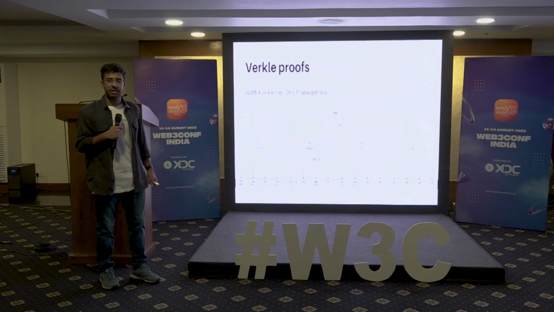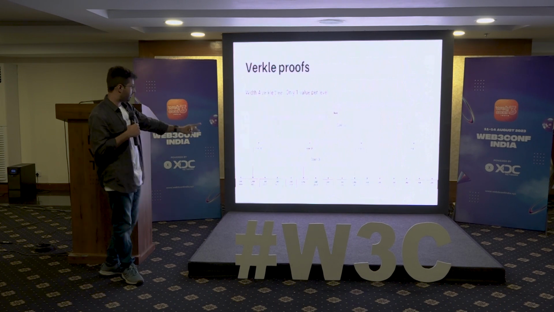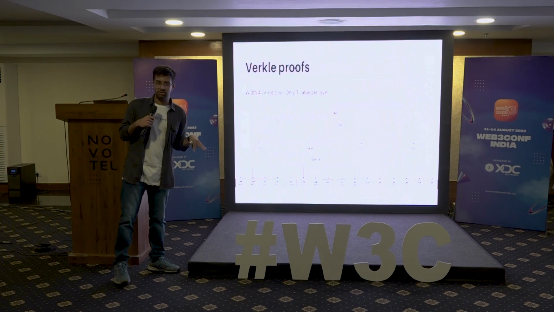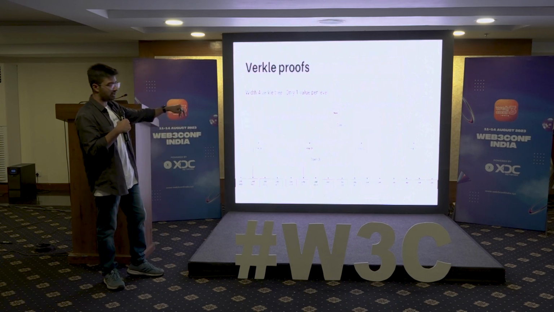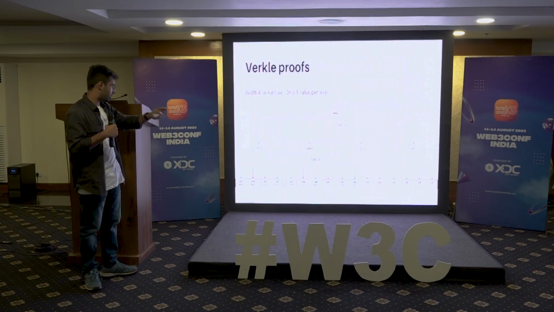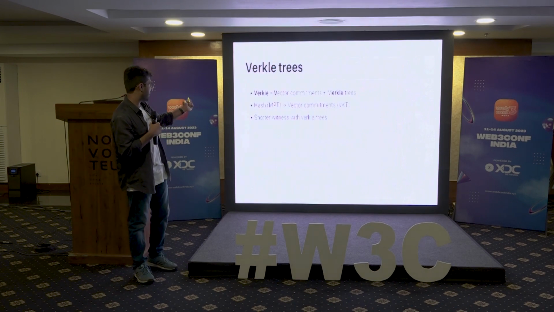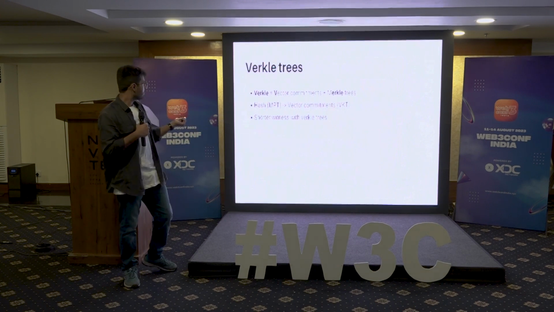So yeah, coming back to the same tree example, where we wanted to prove this leaf 0,1,1,0. Earlier, what we used to do was provide all the siblings up to the root. But now, the main thing over here is, as I said, we replace the hash with the vector commitments.